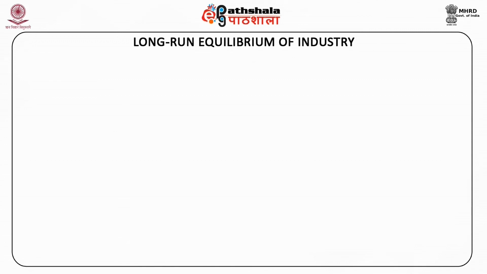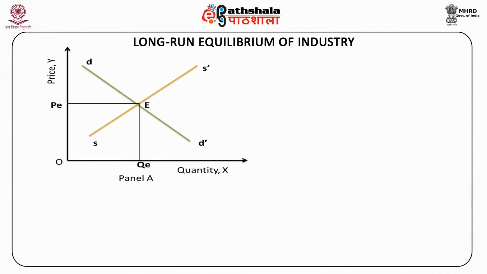This can be explained through a diagram. In the first panel, DD dash represents the demand and SS dash represents the supply. Point E is the point of equilibrium for the industry.